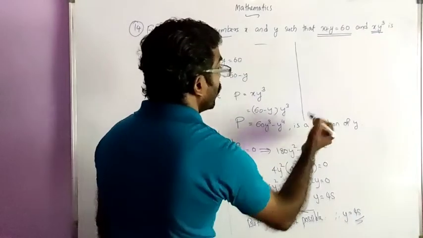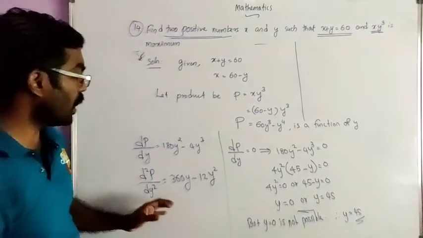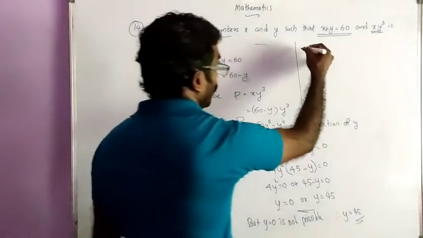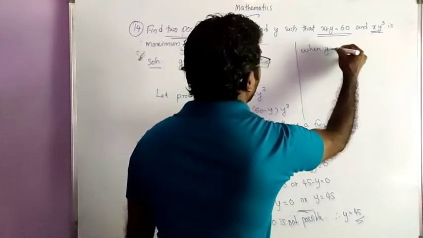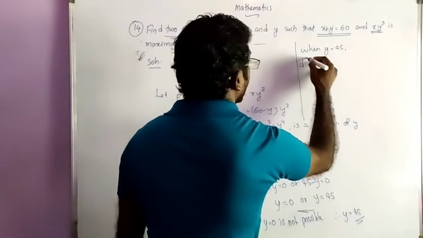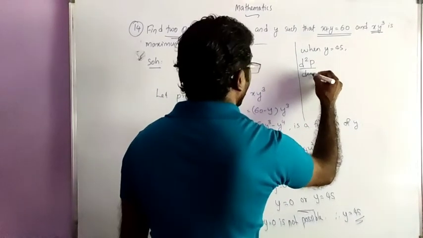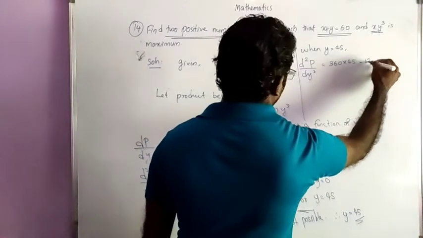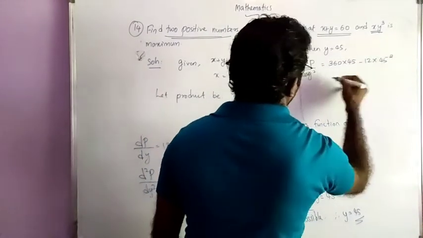45. Now we can check the sign of the second order derivative when y equal to 45. So when y is equal to 45, d square p by dy square is equal to 360 into 45 minus 12 into 45 square.